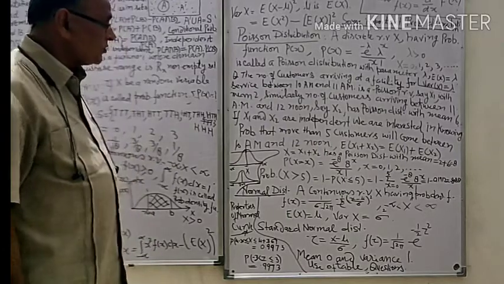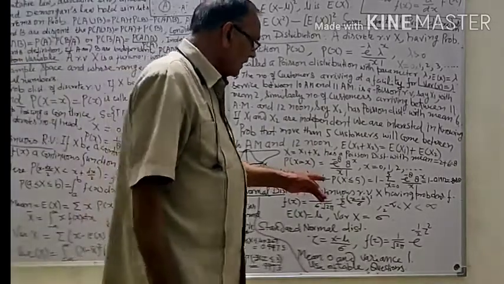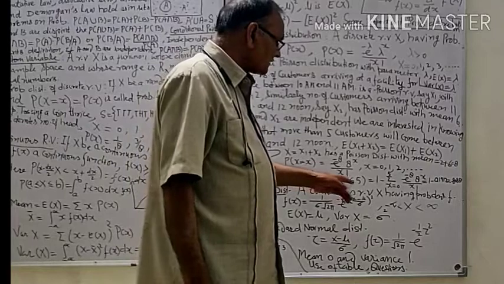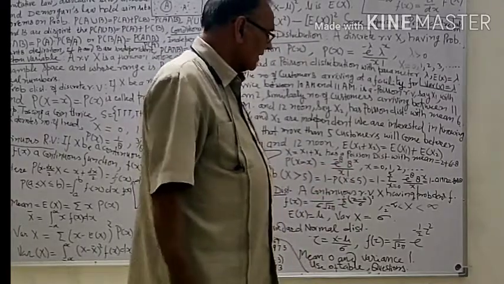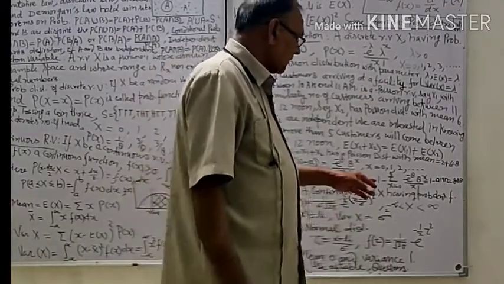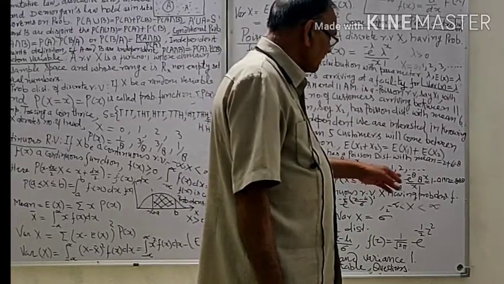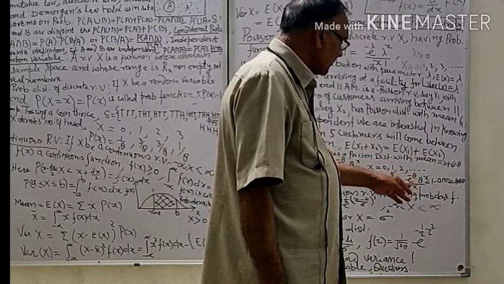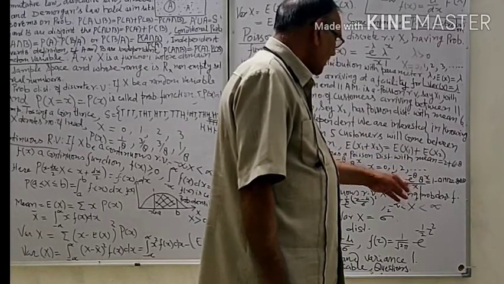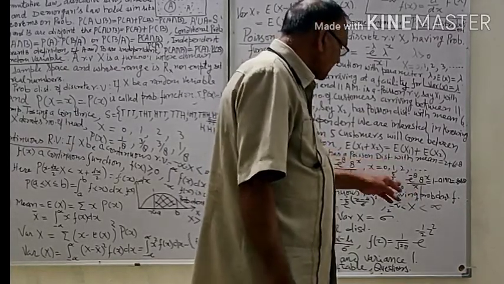It is equal to 1 minus the probability of X less than or equal to 5, which is 1 minus the summation for x equal to 0 to 5 of e to the power minus 8, 8 to the power x over x factorial, and you can calculate this value.